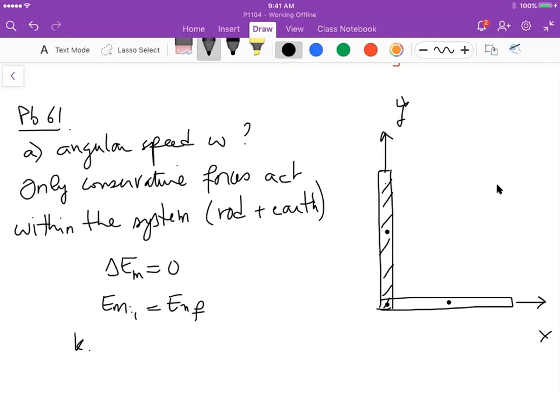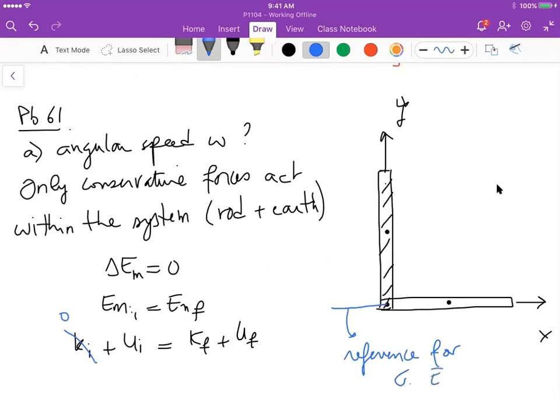And so we can write down K initial plus U initial is equal to K final plus U final. In the initial state, we have 0 kinetic energy because the rod was released from rest. And in the final state, we can take the level of the rod to be our reference for the gravitational potential energy, so the gravitational potential energy is equal to 0.